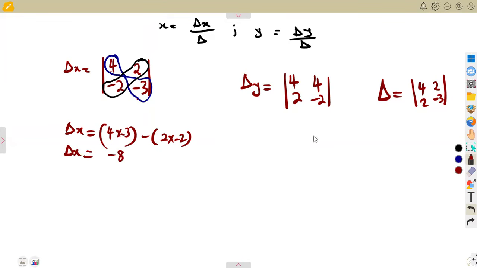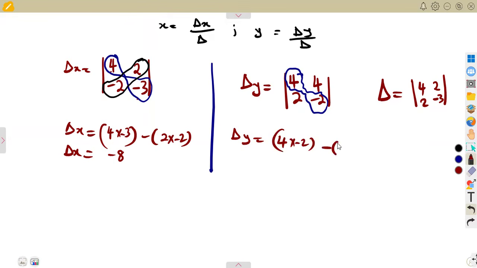The same for the determinant with respect to y. Considering what is in the major diagonal, there is 4 and minus 2. So that's 4 times minus 2 minus the product of these two, that's 4 times 2. So this was going to give us negative 16. So that's the determinant with respect to y.